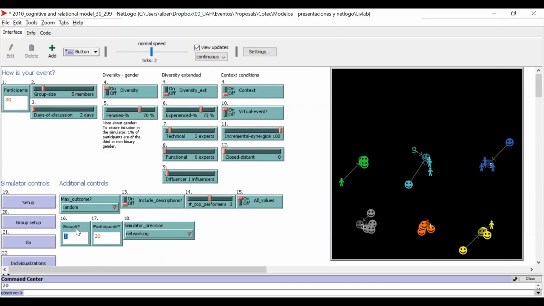So in the control number 16, we key in 5, because that's the group that we want to analyze, to assess, and we need to also key in a number of a participant. If we don't want to analyze a participant in detail yet, any number lower than the number of participants will do. 20 is fine, and that is to prevent any miscalculation by the simulator.